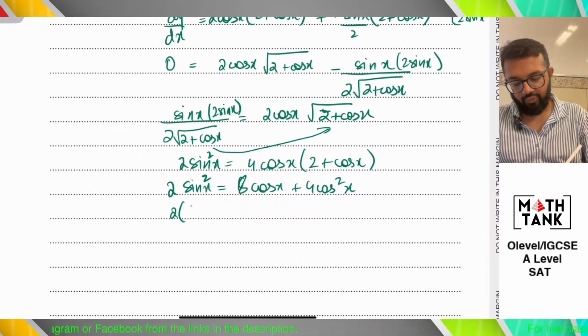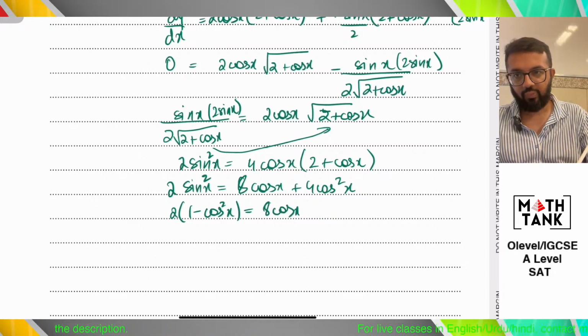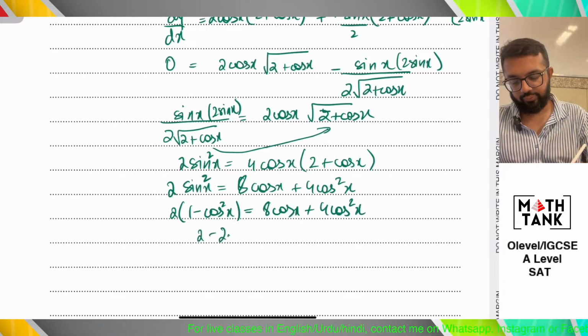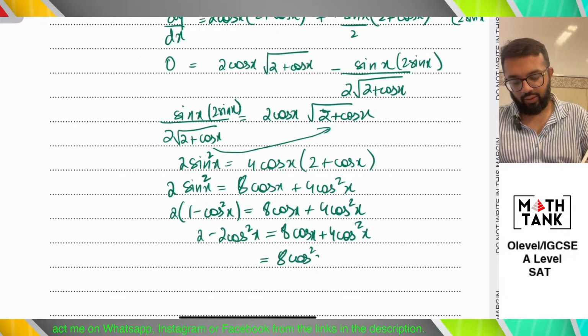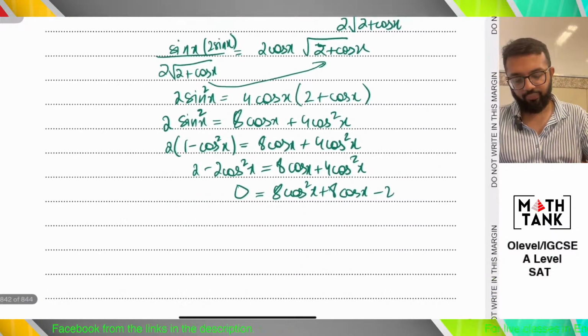I think I can convert everything to cos square x. Eight cos square x plus 8 cos x minus 2.